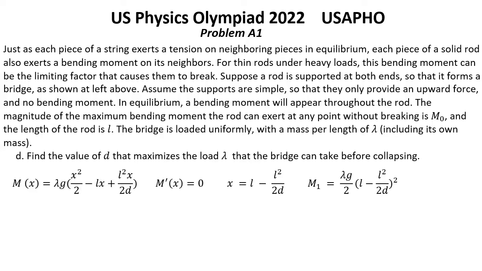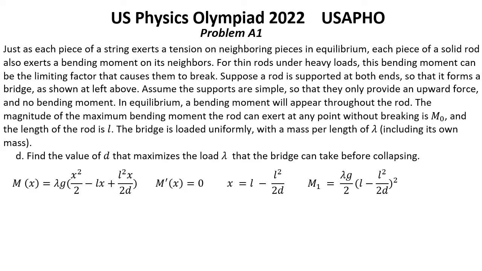Continuing rightward, the bending moment decreases, passes through 0 at some point x less than d, and then becomes negative. This change in sign is necessary to support the part of the rod hanging to the right of the right support. At point x equals d, the bending moment does not change discontinuously, because the supports provide no bending moment. It then smoothly returns to 0 as x approaches L.